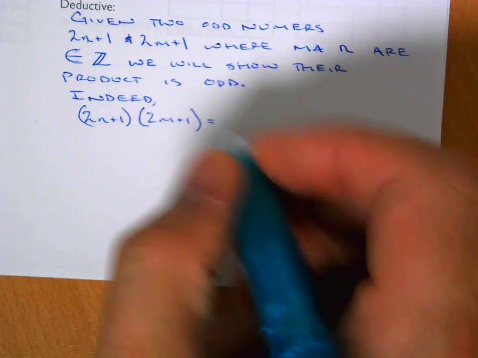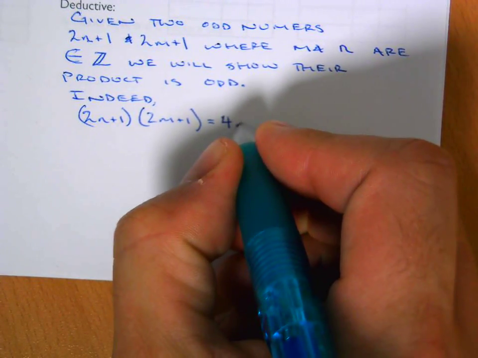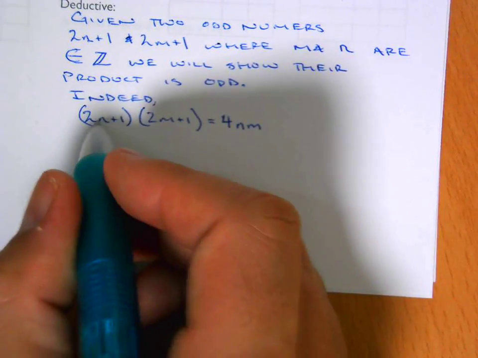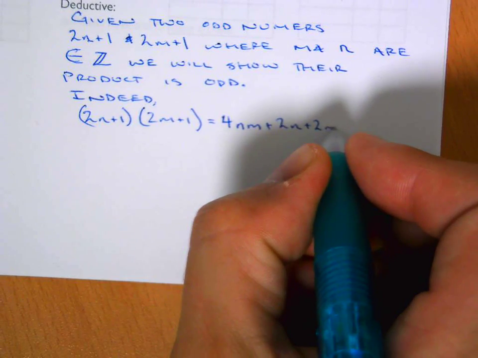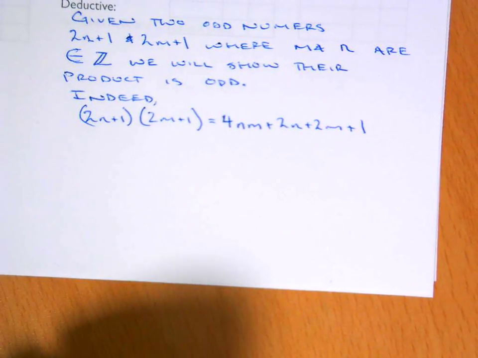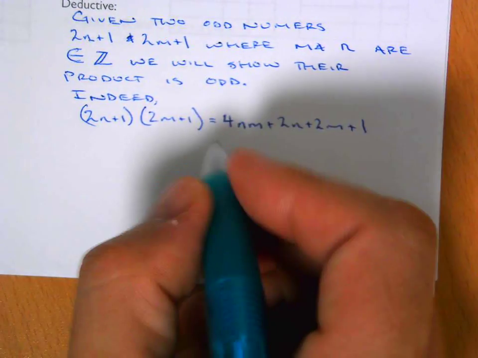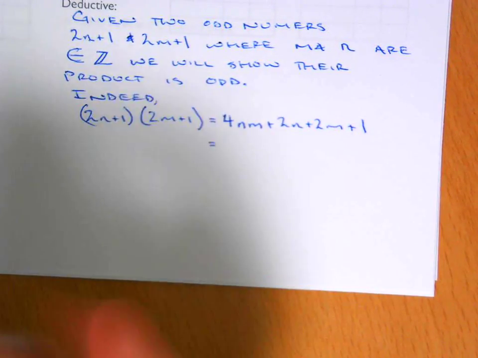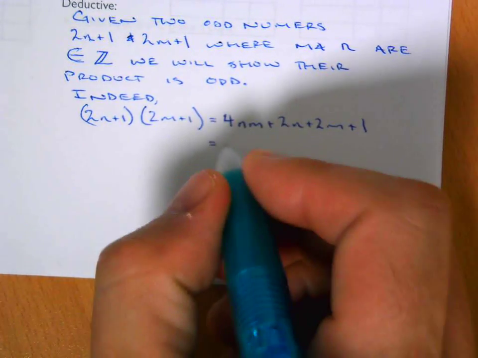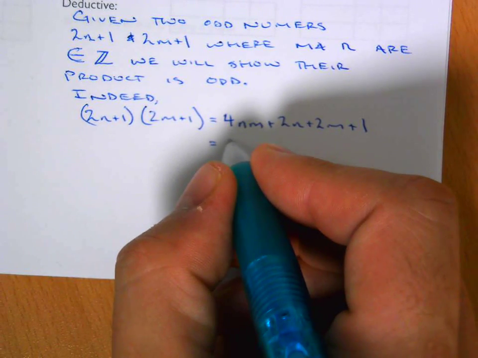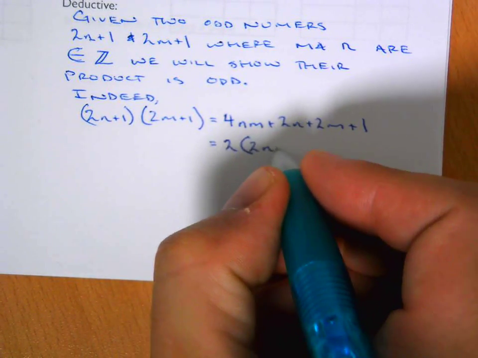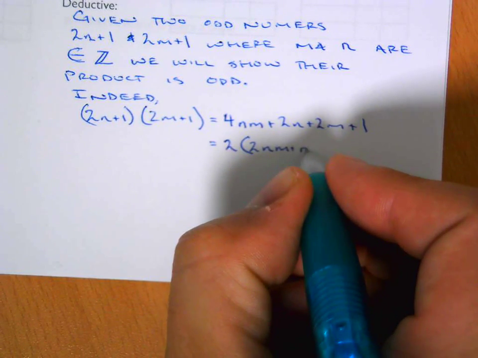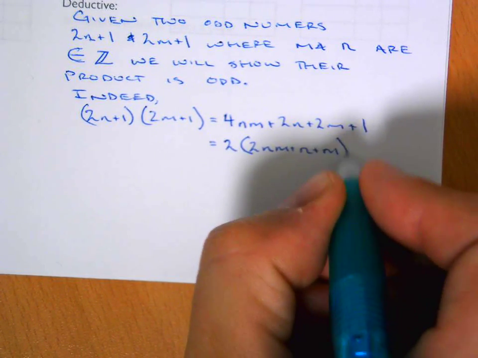So I've got 4nm, and then plus 2n plus 2m plus 1. And if I use some of my algebra skills, I can factor out a 2 from these first few terms. So I could say 2 times 2nm plus n plus m, plus 1.